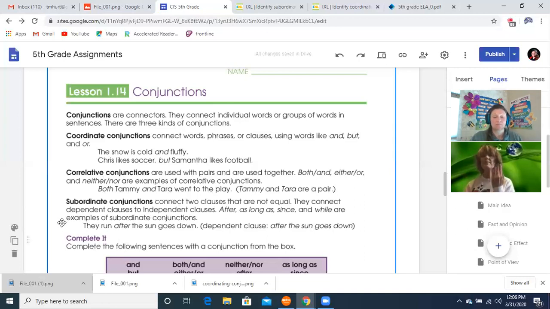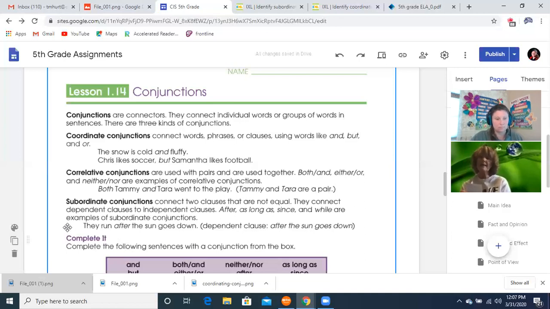It means a dependent clause with an independent clause, and it usually has these words in it: after, as long as, since, and while. If you look up there, it'll tell you all that, and they'll be in italics. It says they eat or they run after the sun goes down.